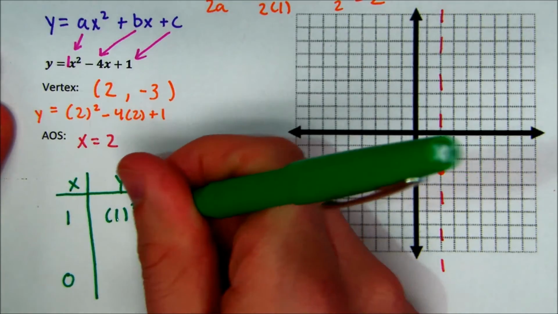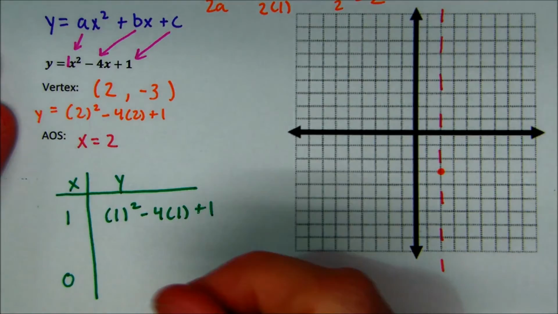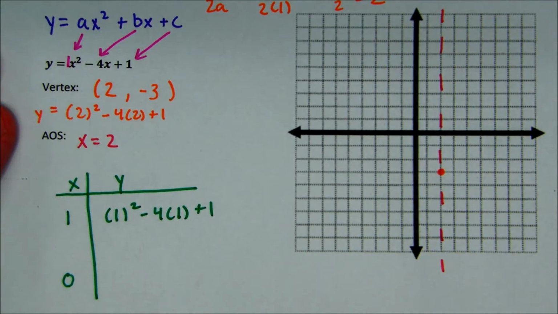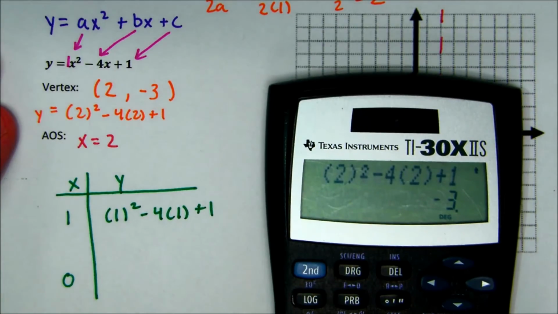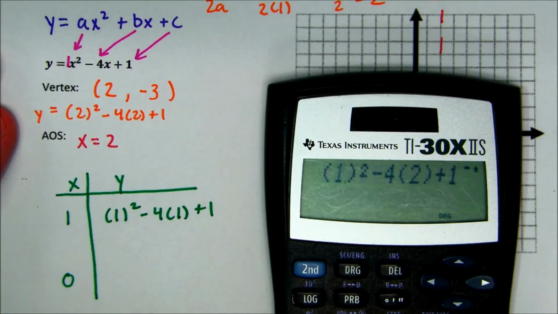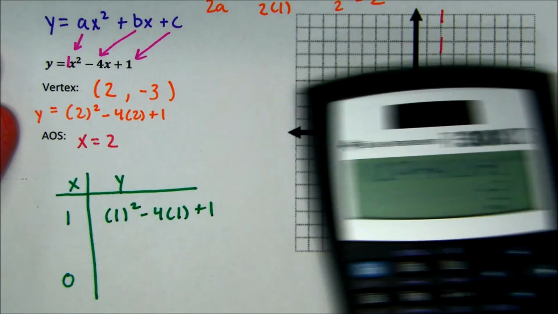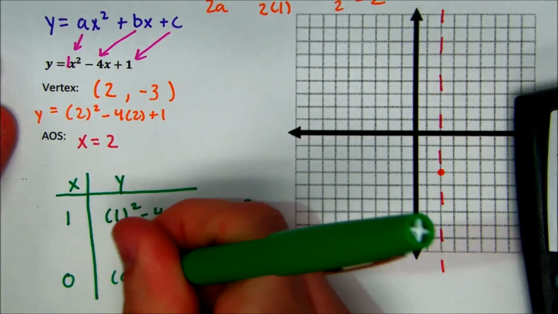Now earlier I mentioned that using a calculator will make life easy. Let me show you why. Since I used parentheses earlier, all I have to do is scroll back and change my 2 to a 1, and I'm done. I don't really have to retype everything. So I get negative 2. I'm going to do the same thing with 0. 4 times 0 plus 1.